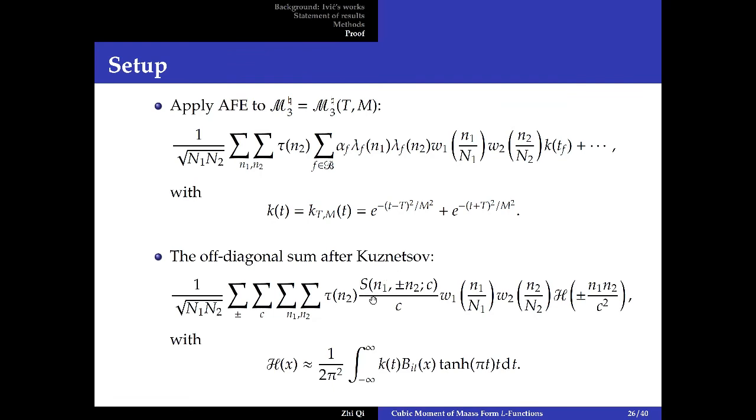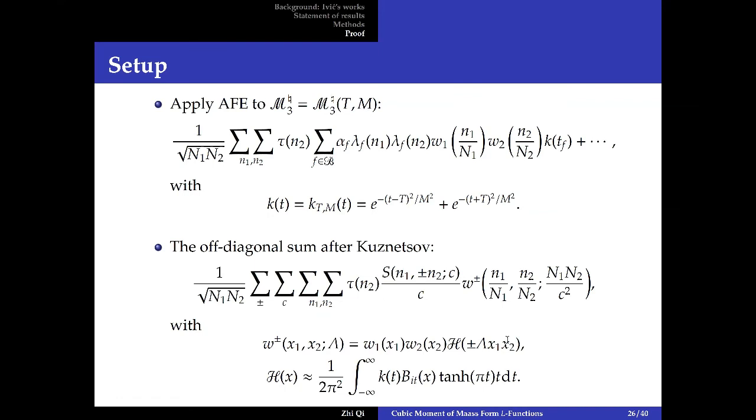And for the off-diagonal sum, you will get a Kloosterman sum here. Of course, you have this divisor function here for N2, and also you have a Bessel integral, and I inserted some smooth weight function here.